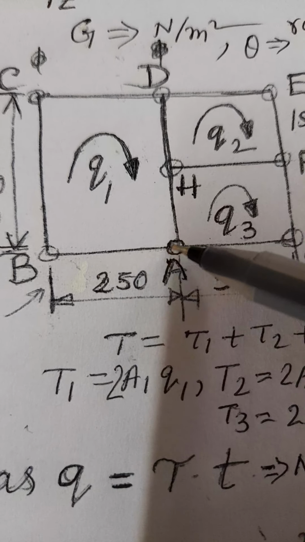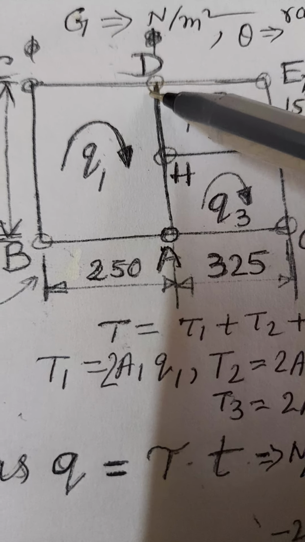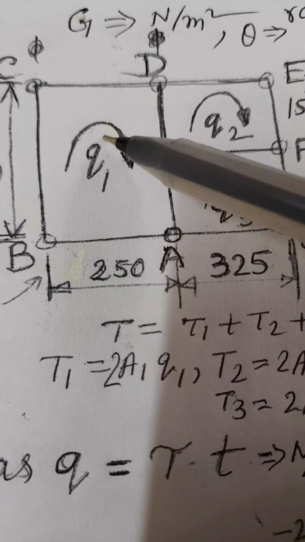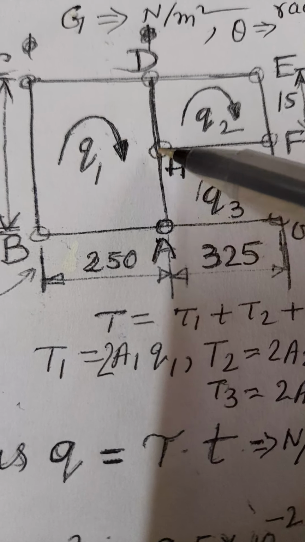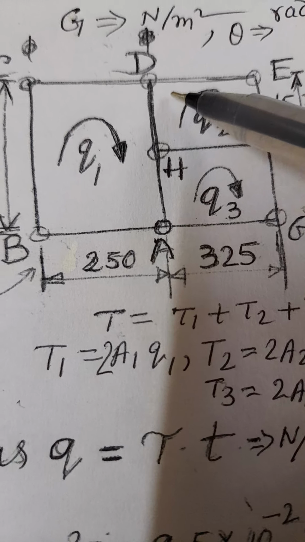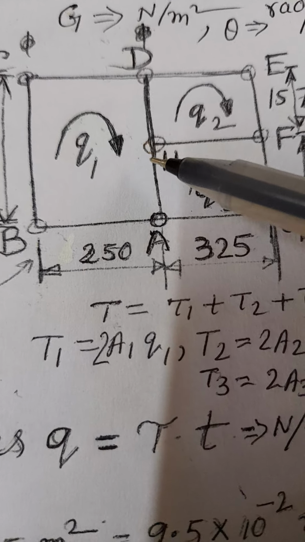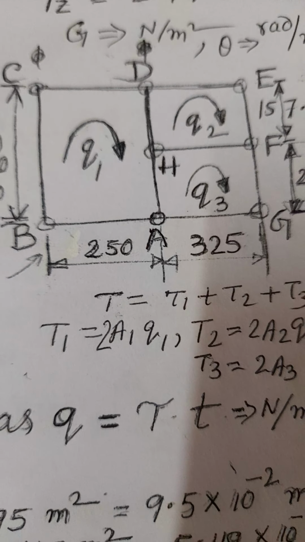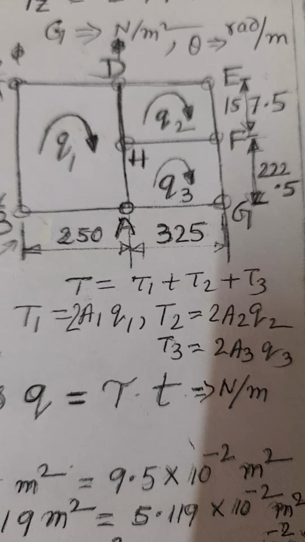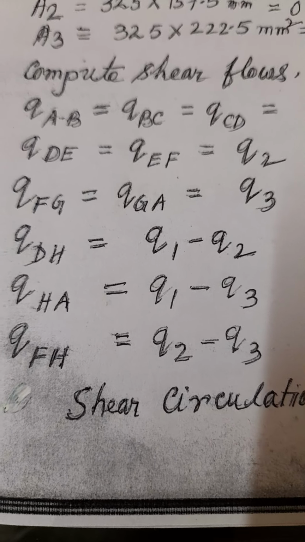These are all Q1: AB Q1, BC Q1, and CD Q1. But in this line there will be a resultant between these two. Suppose the Q1 is in this direction and Q2 is given in this direction. So Q1 minus Q2 will be in the H section, and this section is Q1 minus Q3 in the H section. And these are the equations available.